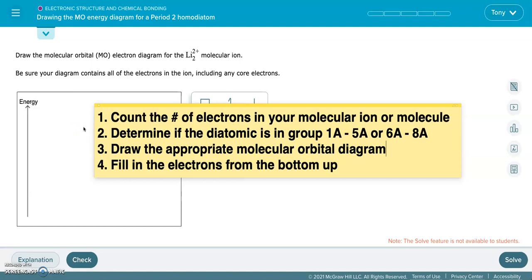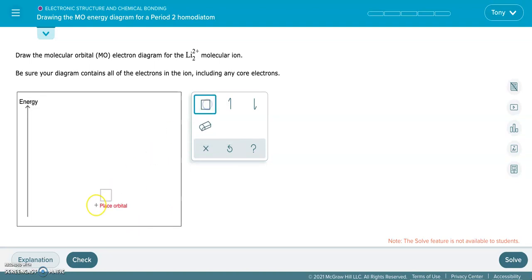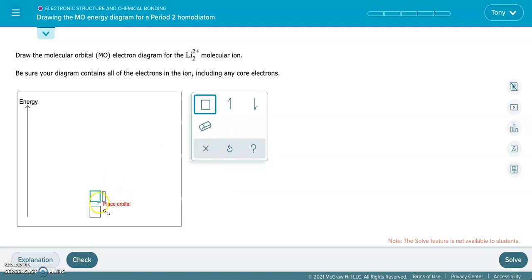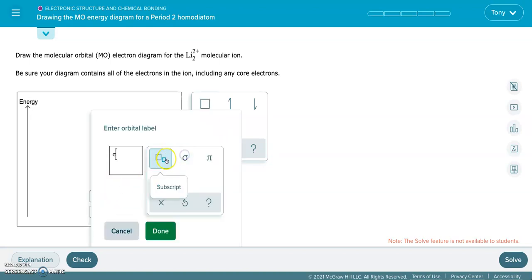Like I said, because we've only got 4 electrons, we don't need to worry about that. But I'm sure in other examples we will need to. Then we're going to draw the appropriate molecular orbital diagram, and finally fill in the electrons from the bottom up. Now, in terms of drawing this, if you don't remember how to do this, I do think that having a cheat sheet next to you is fine.